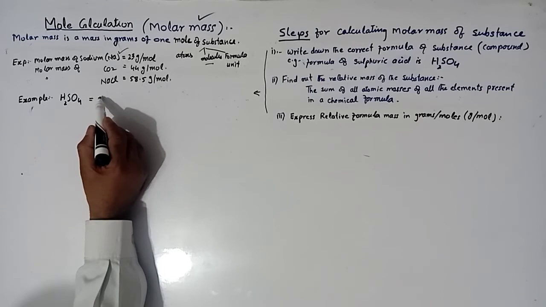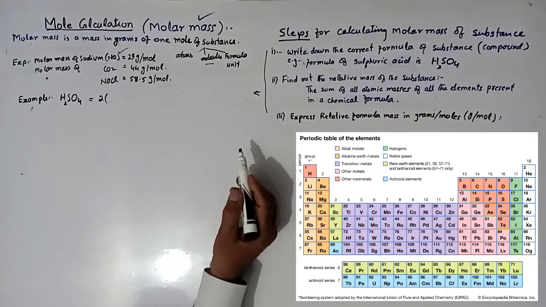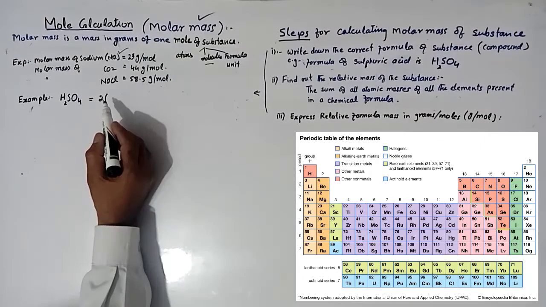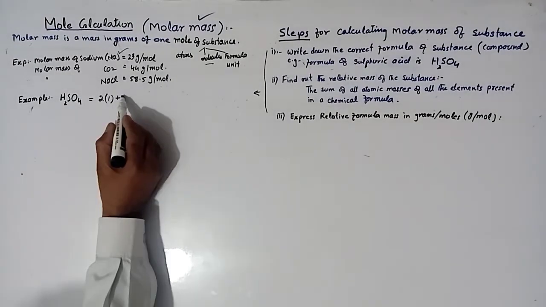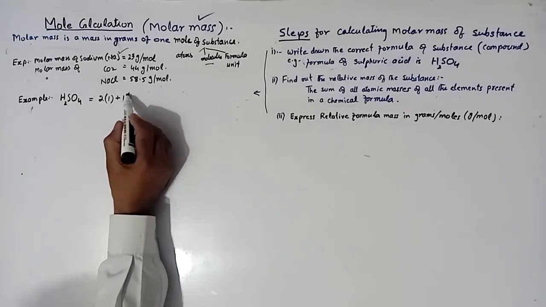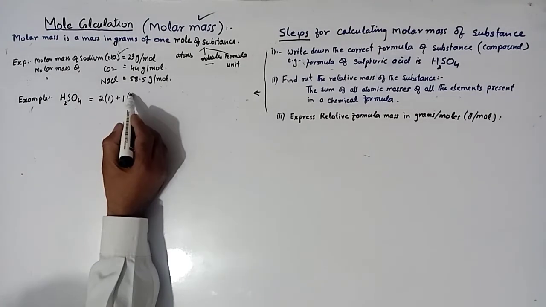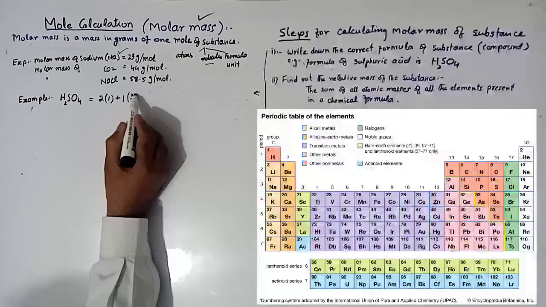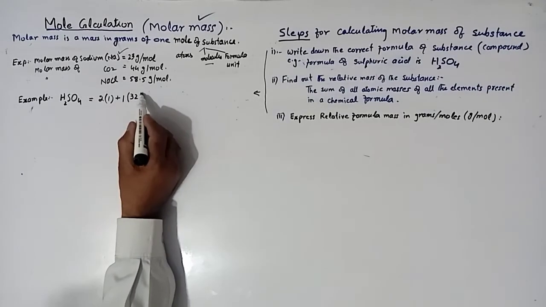2, there are 2 hydrogen. Look at the periodic table. The atomic mass of hydrogen is 1. There is only 1 sulfur, so write 1 in bracket. The atomic mass of sulfur is 32 AMU, atomic mass unit.